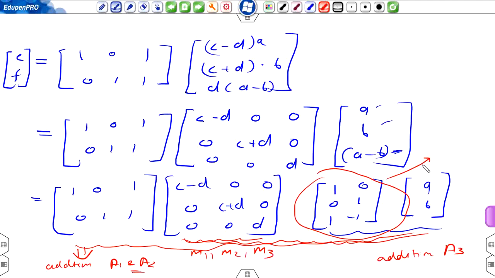So that's why this matrix is known as pre-computation matrix. And finally this matrix will be adding all the computed terms, so this is known as post-computation matrix.